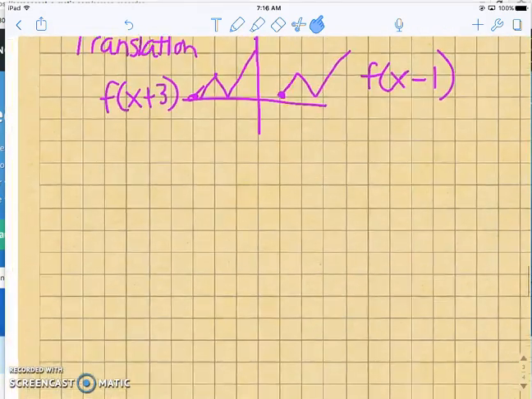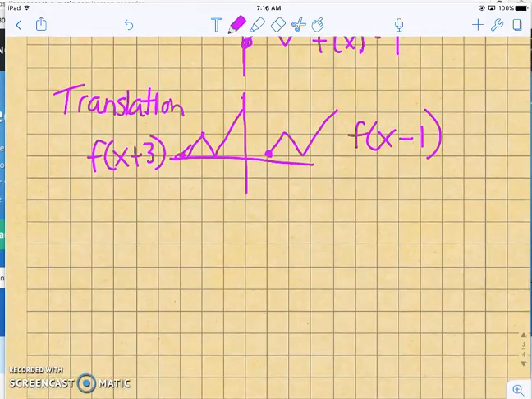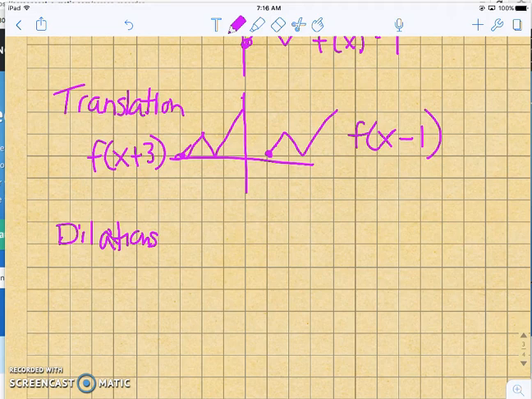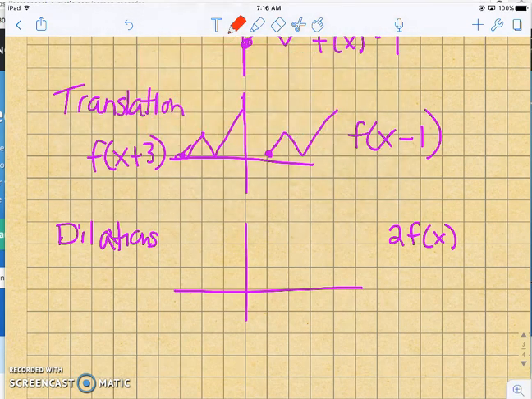So if we go back down here and take a look underneath that flap for dilations, so let's say we had 2 times f of x. I'm going to dash in the original here.